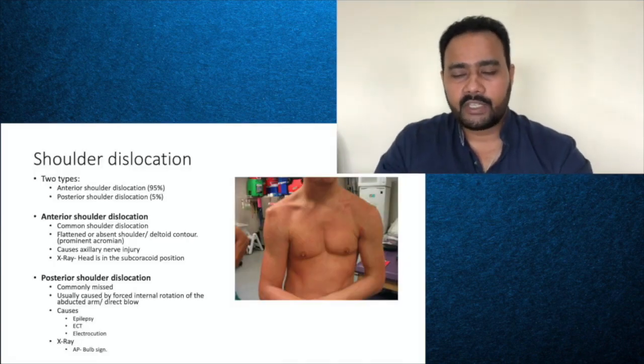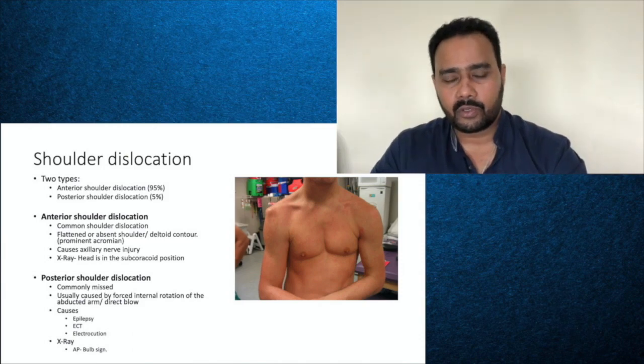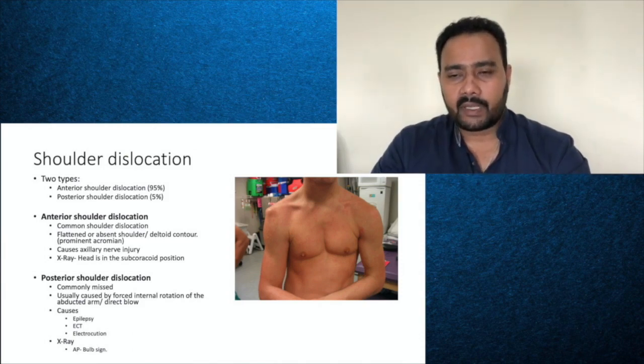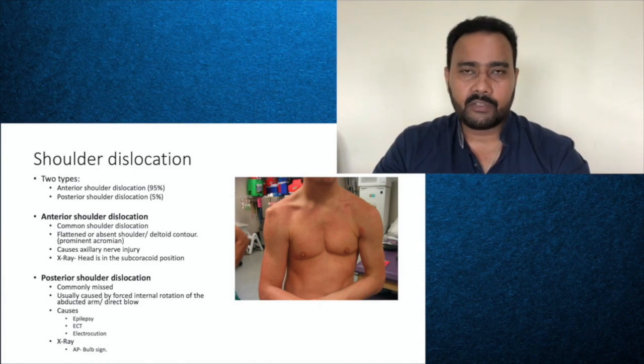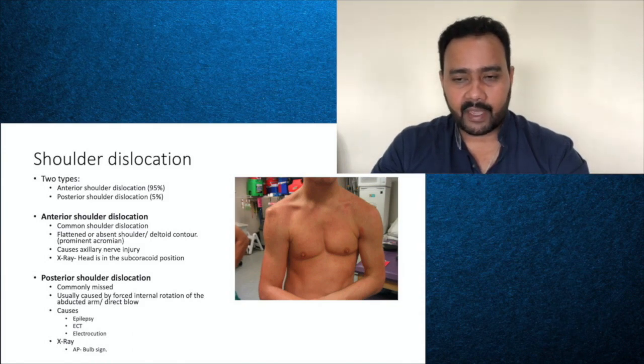Next one, shoulder dislocation. I told you the shoulder can get dislocated, and it is common compared to hip dislocation. If you know the hip, you have the acetabulum, which is very deep, and because of that hip dislocation usually won't occur.